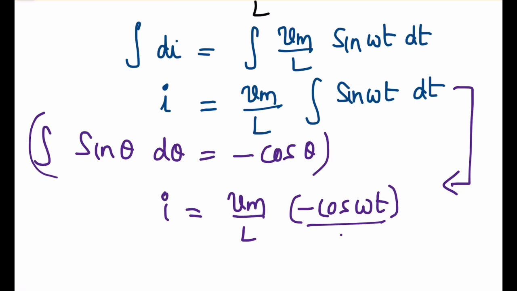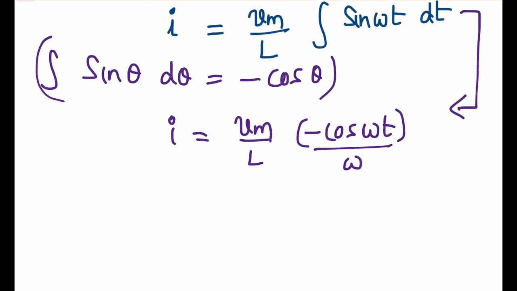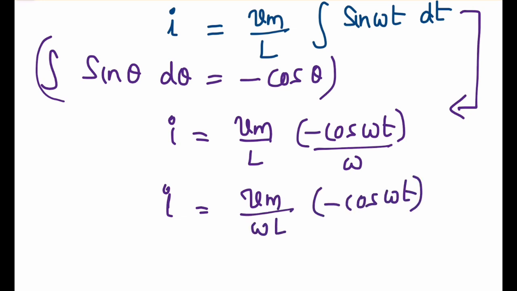Therefore I is equal to Vm by omega L into minus cos omega t. Let it be equation number 3. I hope we have given equation number 2 before, no?